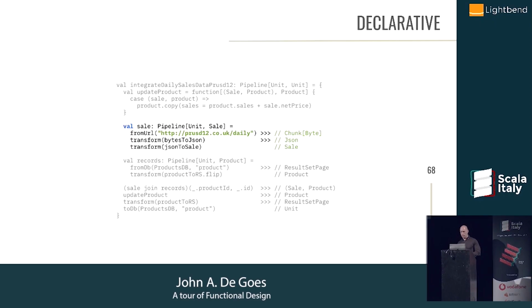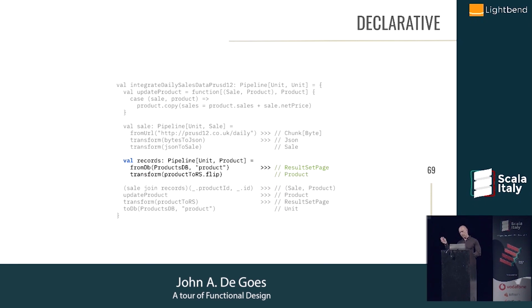The first one, I create a pipeline that pulls from the URL, transforms the bytes to JSON, and transforms the JSON to the sale. I just stitch those together using that compose operator. Then here I have a pipeline for records in the database that pulls data out of the database and transforms it from the result set to the product type.